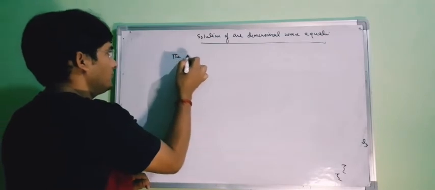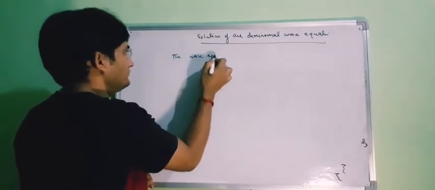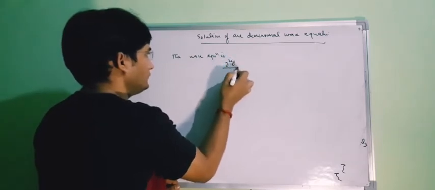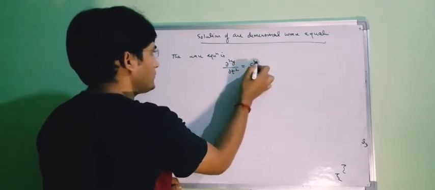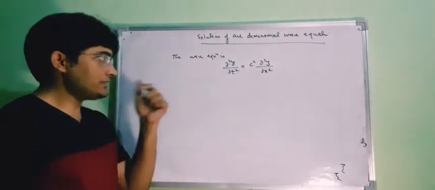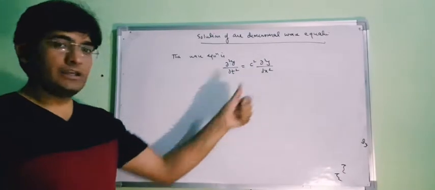The wave equation is ∂²y/∂t² = c² ∂²y/∂x². So here you can see that y depends on t and x.